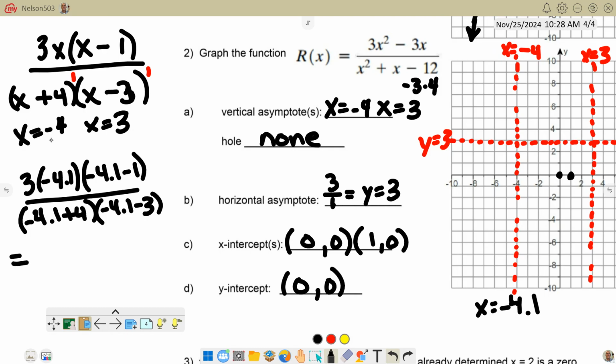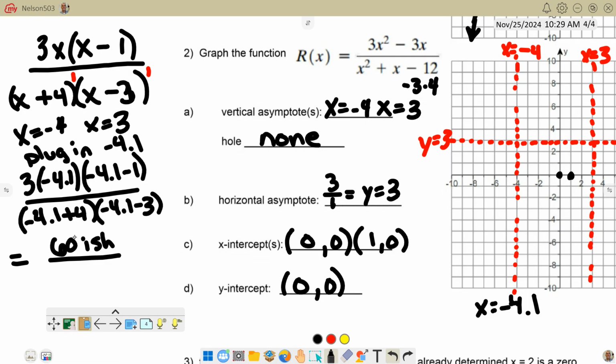That equals, so I'm plugging in negative 4.1 wherever I see x, I end up with negative 12.3 times negative 5 something, so that's going to be like positive 60-ish. I'm going to put 60-ish up in the numerator.